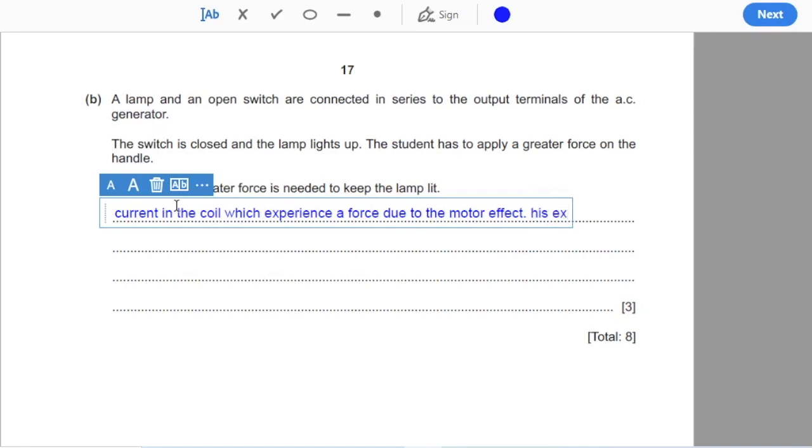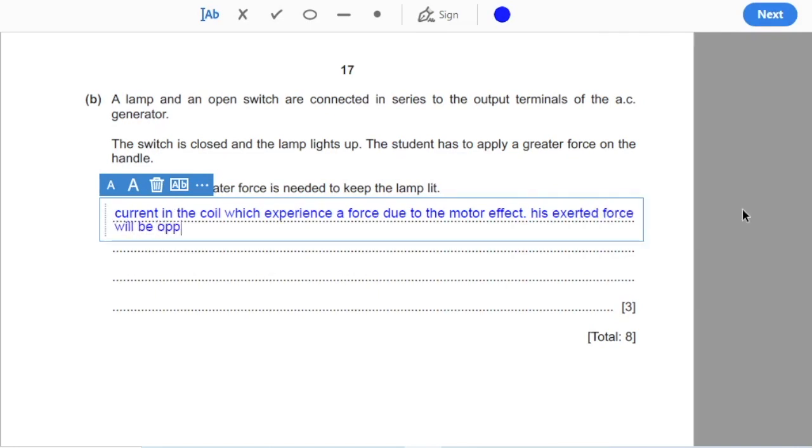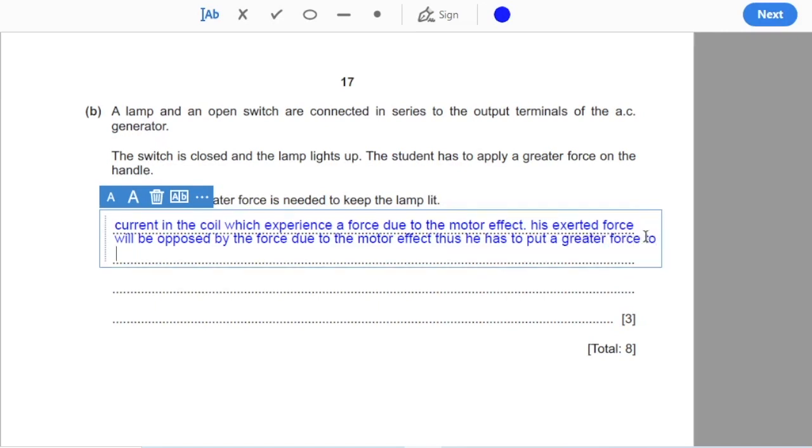His exerted force will be opposed by the force due to the motor effect. Thus, he has to put a greater force to oppose the change producing it.